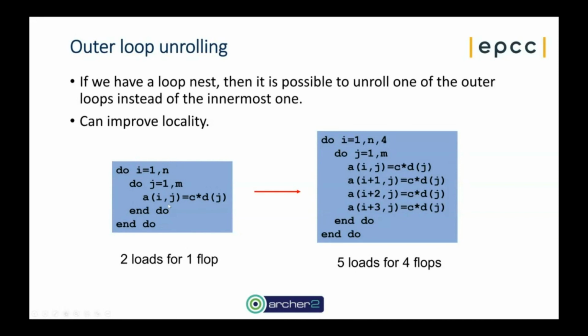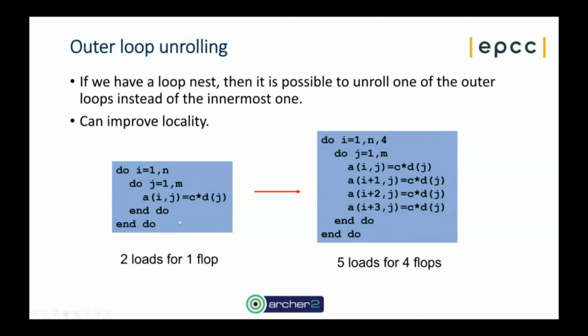Okay. Now you can imagine if we're going to go through this and load up cache lines, if I is the quickest loop in the middle, then we'll load up a cache line, go through all the elements of that cache line, load up the next cache line, and go through all the elements.